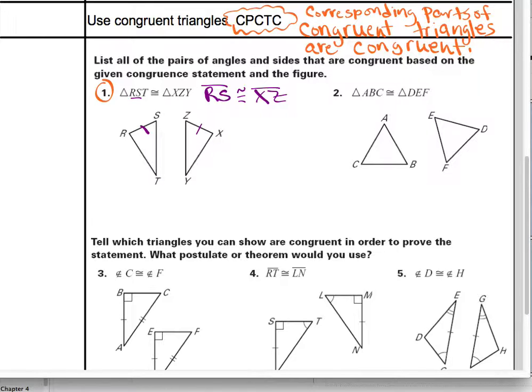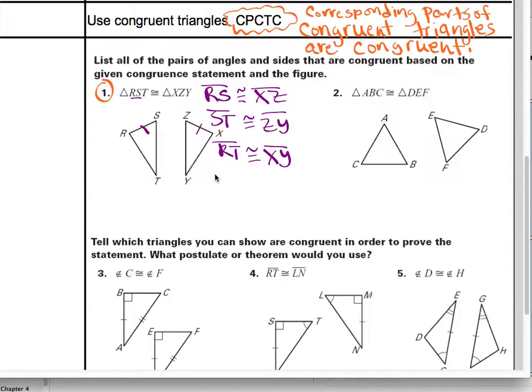We'll mark those. And then we could have second 2 letters would be ST, congruent to ZY. And then first and last would be RT, congruent to first and last XY. So those would be our 3 sets of sides that would be congruent.